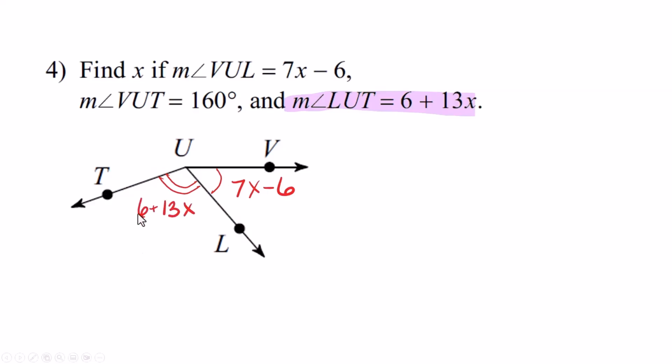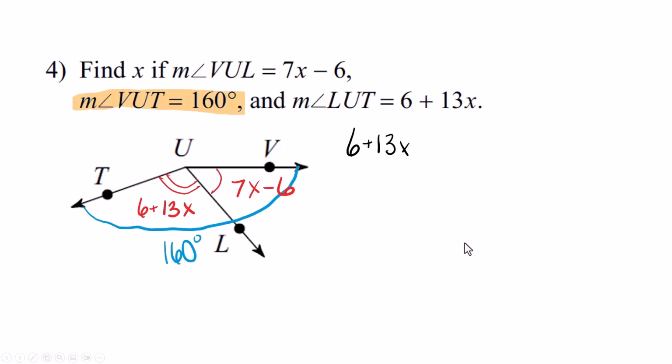Okay, those two together make up the whole thing, which is going to be 160. So we're going to add those two together and make it equal to 160. And let's clean this up, simplify a little bit. This 6 and this negative 6 cancel each other out.